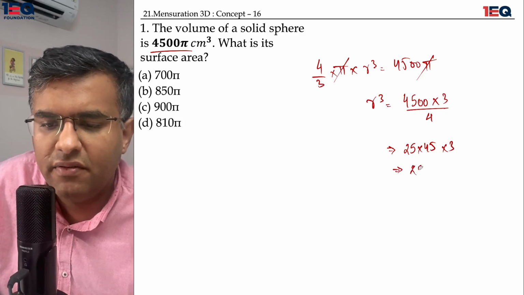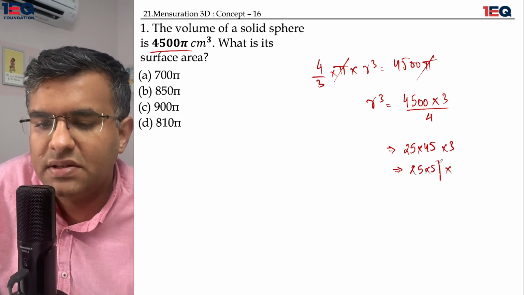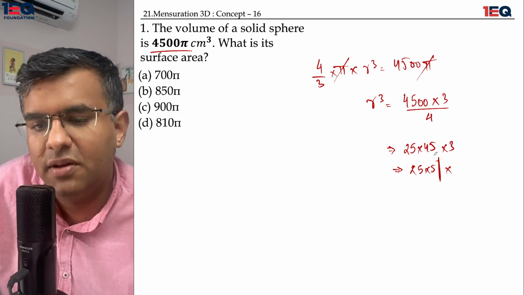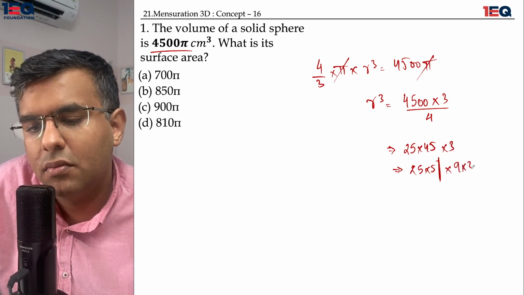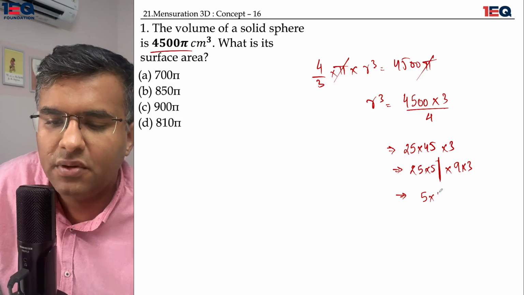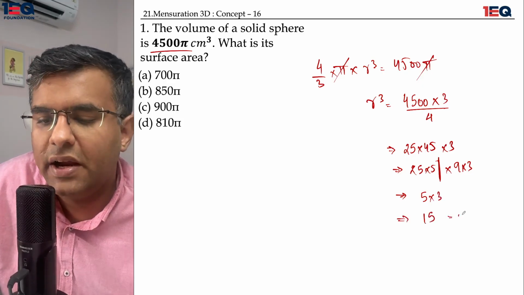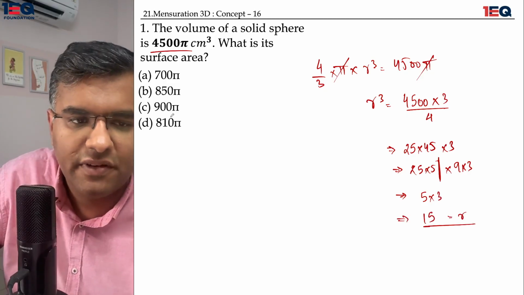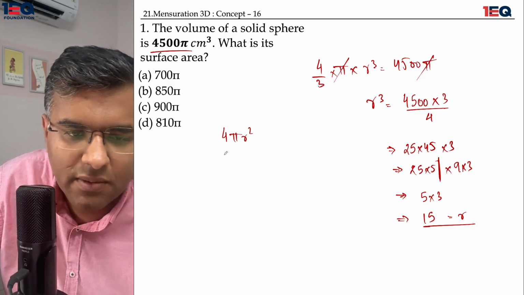So if I have 25 into 5, this would give me a 5 cube, and this entire story would then get multiplied with 9 into 3. This would give me a cube root of 3. So 5 into 3 is what I'm looking at, which is nothing but 15. I get the value of my radius as 15. I need to find out the surface area. 4 pi r square is what I'm looking at.